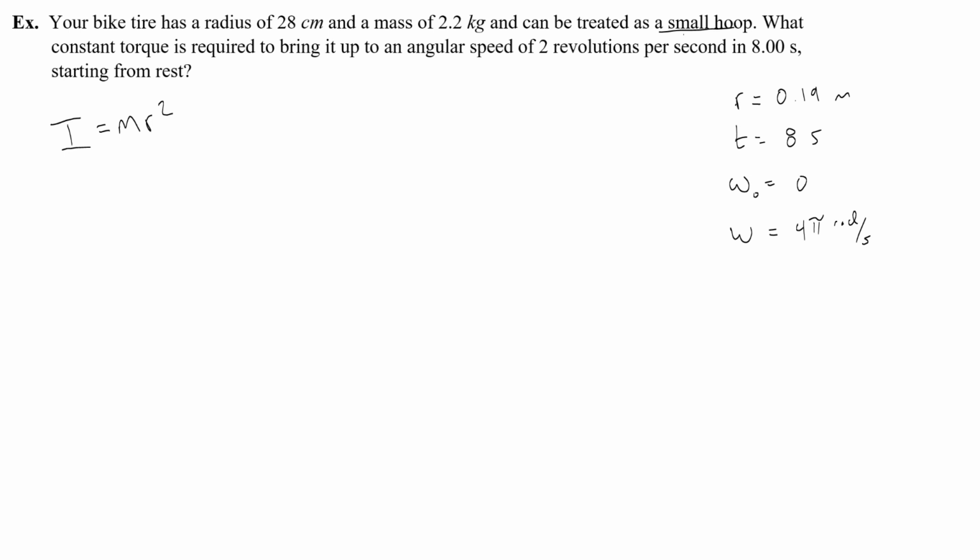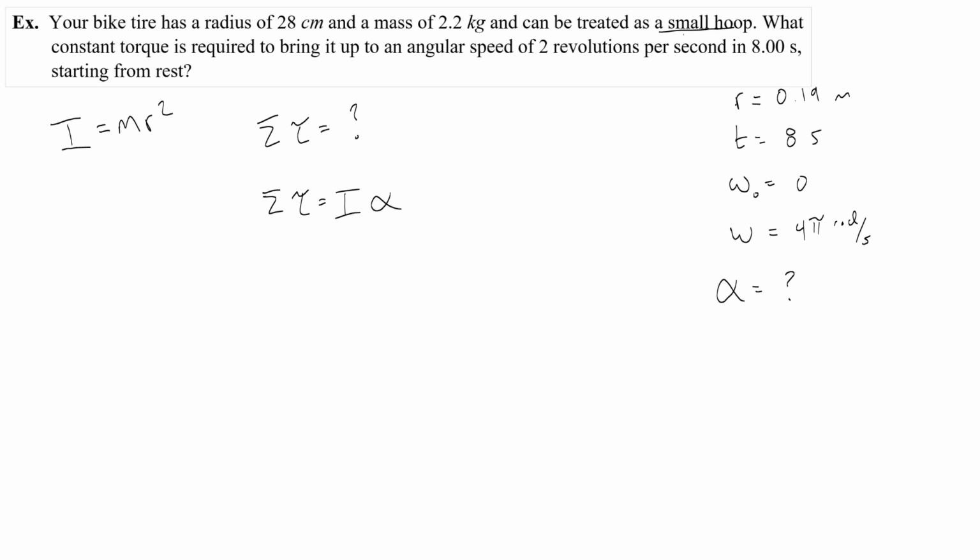Okay, and it wants me to find torque. That should be a clue that I need to find the net torque, and the net torque is equal to I times alpha. We need to think, can we find alpha from the information that's given?